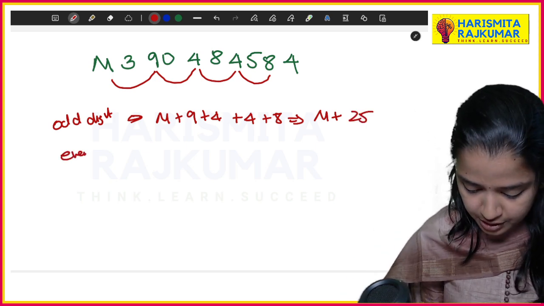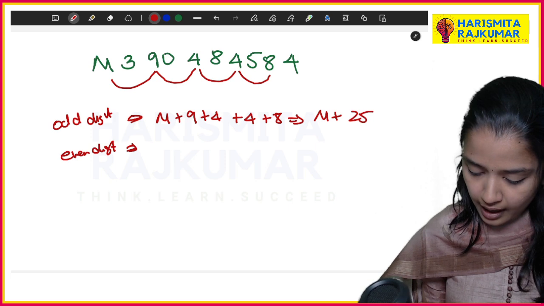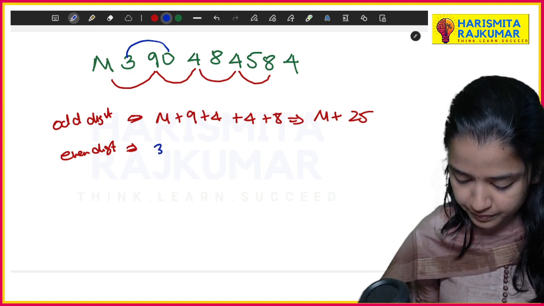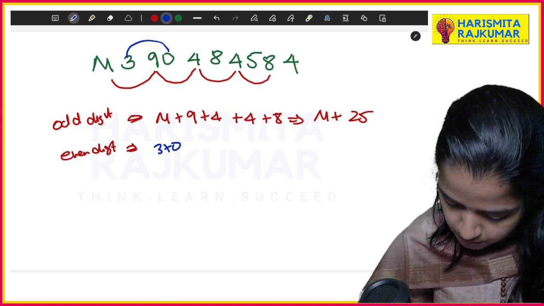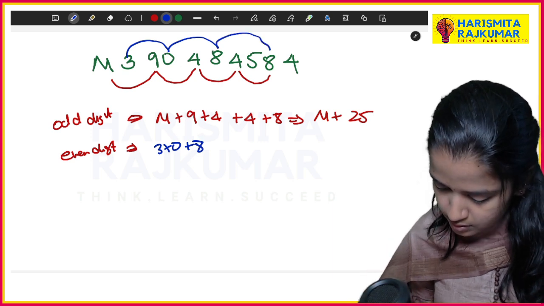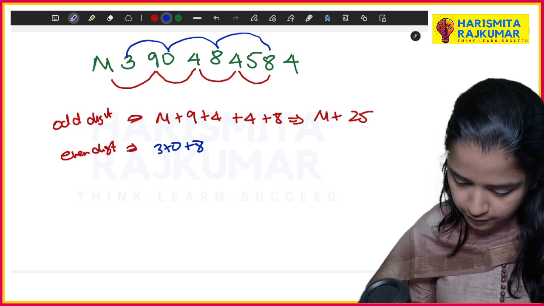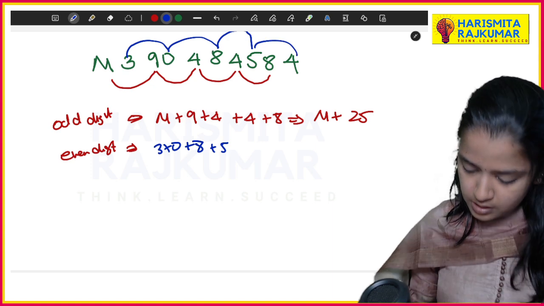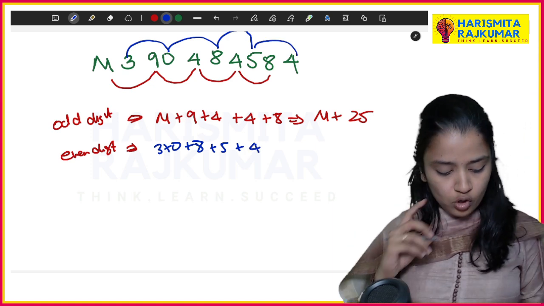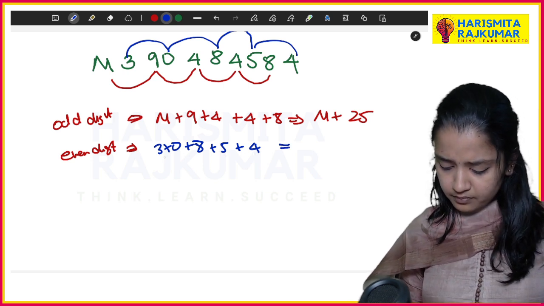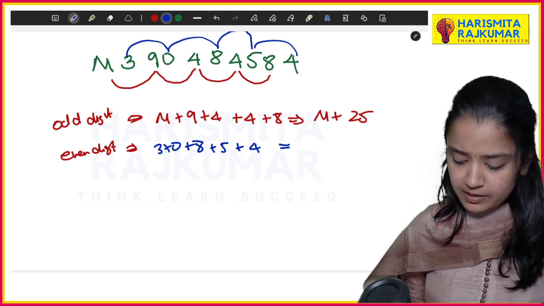Then the even digits, if I add: 3 plus 0, then 0 plus 8, then 8 plus 5, then plus 4. So basically this will be 8, 8 plus 8 is 16, 16 plus 4 is 20.